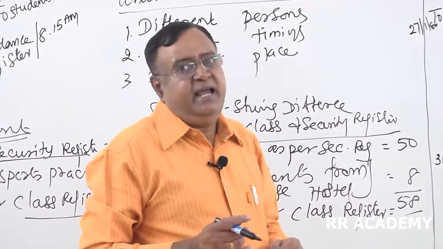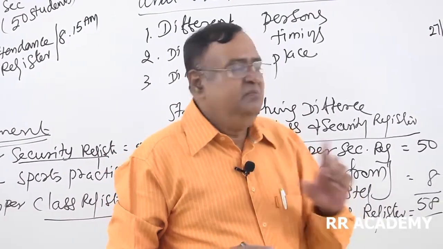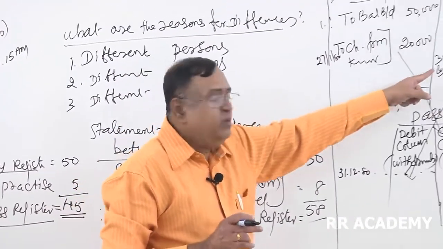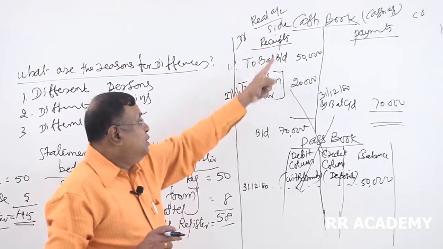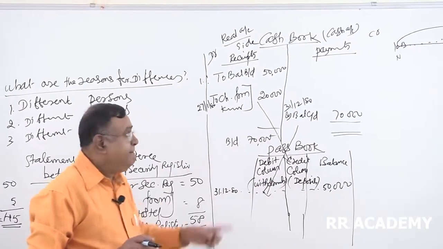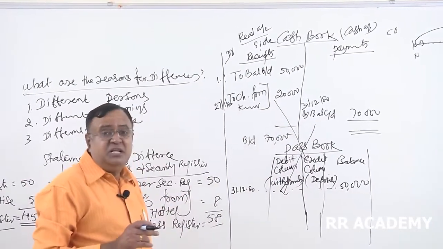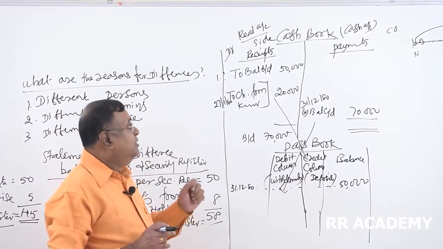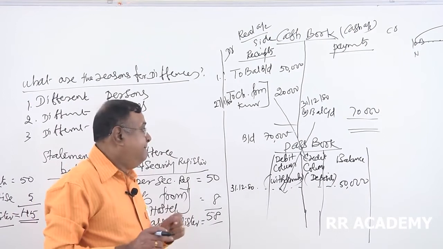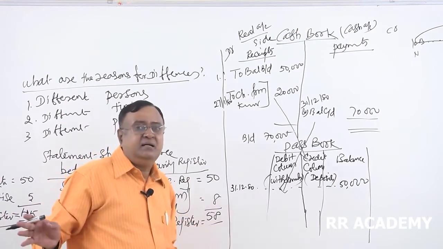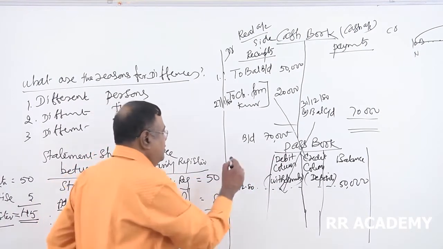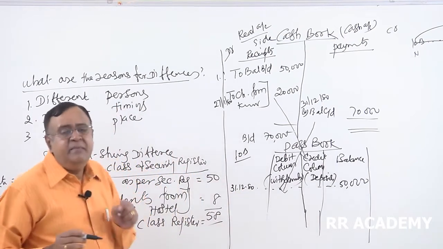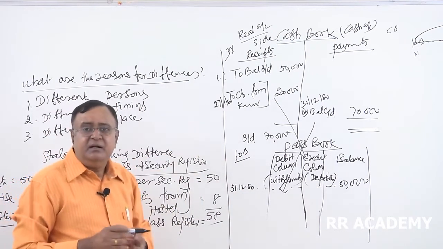In the meantime, year ending comes. The cash book will show 70,000. But this 20,000 check which I received from Kumar will take time to come to my bank, IOB. I have deposited it.